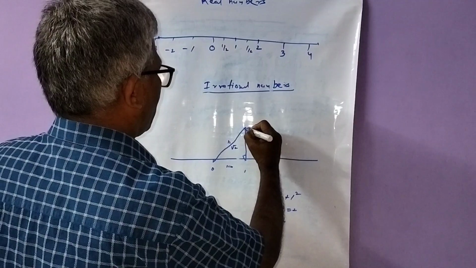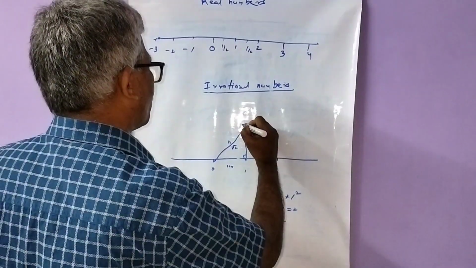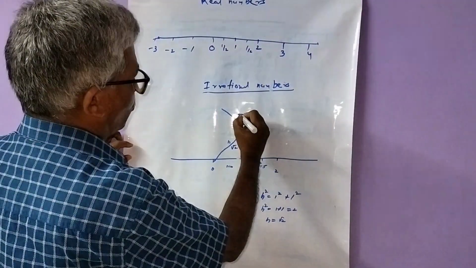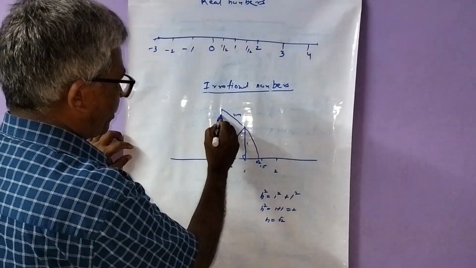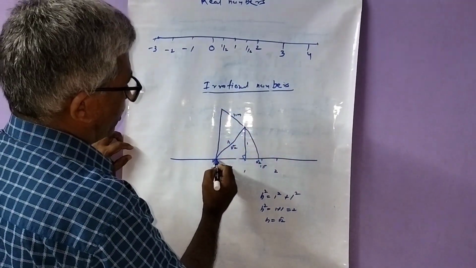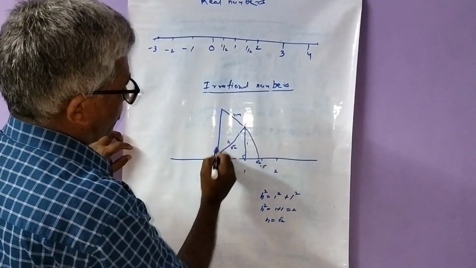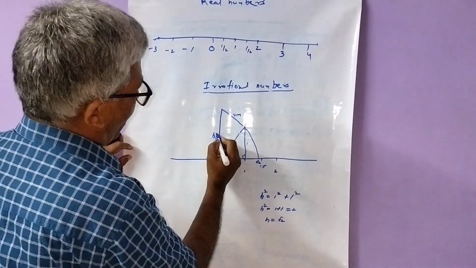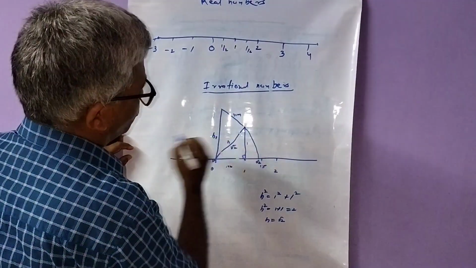Now if you take another segment perpendicular to this edge and draw a line here with the unit length 1 centimeter and join this to 0 again. Now in this triangle, what will be the length of the new hypotenuse h1?